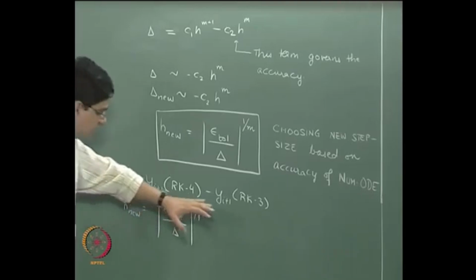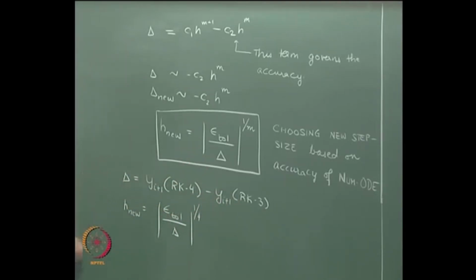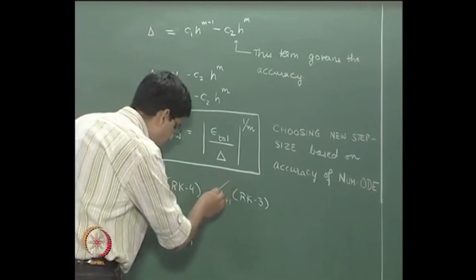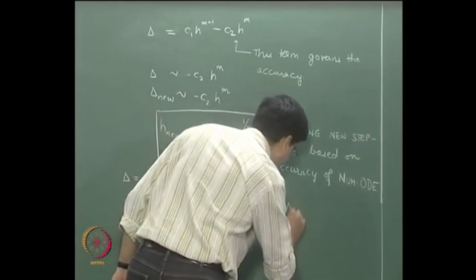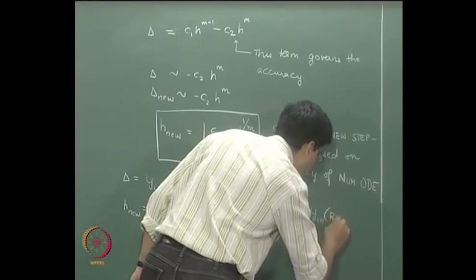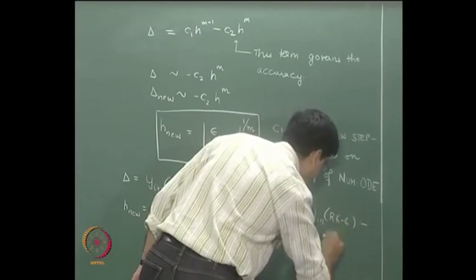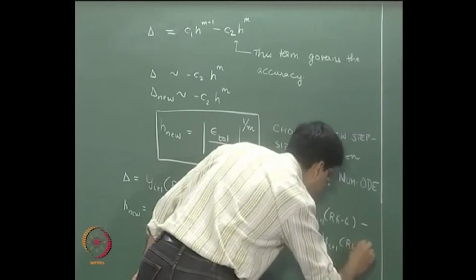Okay. This is not how the embedded RK work. How the embedded RK work is quite a bit differently. What we try to do is delta we will get as equal to y_{i+1} from an RK6 method minus y_{i+1} from an RK4 method.